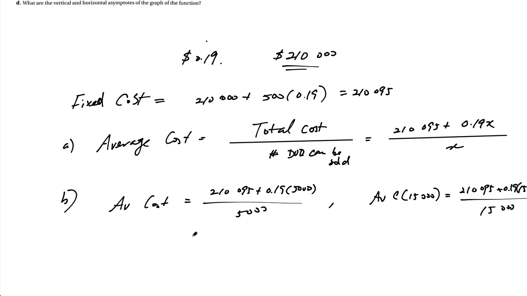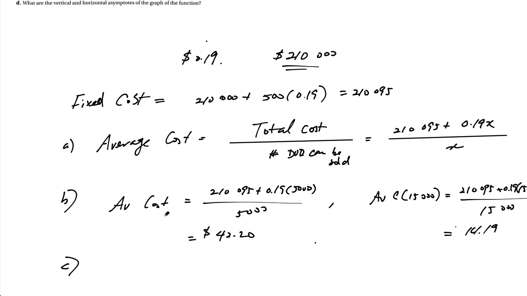Let's punch that in the calculator. You can see if you sell 5,000, average cost is $42. Usually DVDs or CDs are not this expensive, so we're definitely losing money if you only sell 5,000. Even at 15,000, probably not making too much money, but it definitely goes down. The point is, the more you sell, the more it goes down.